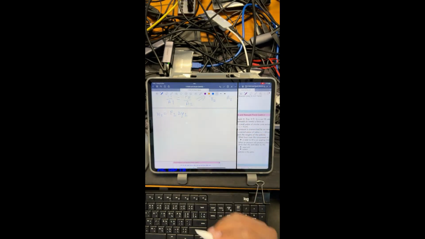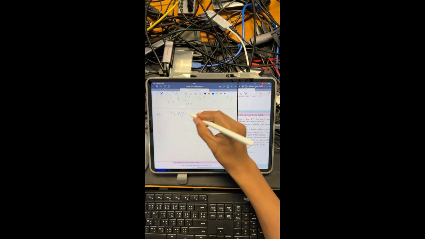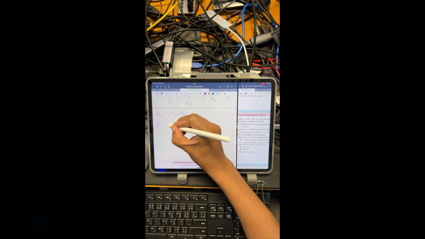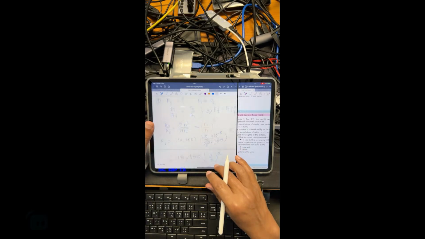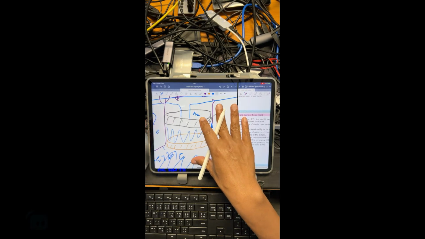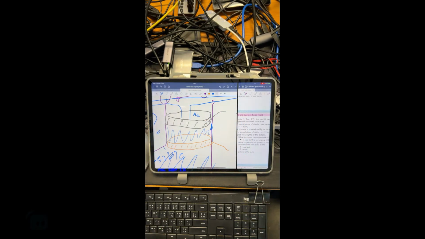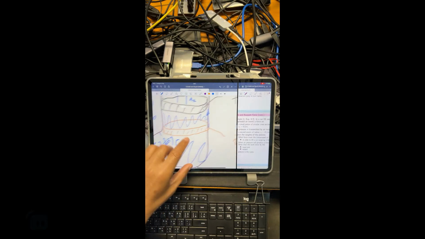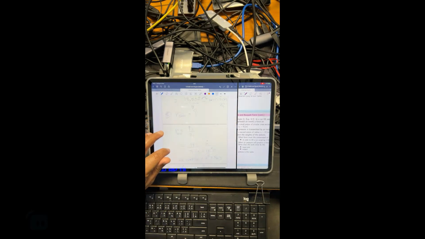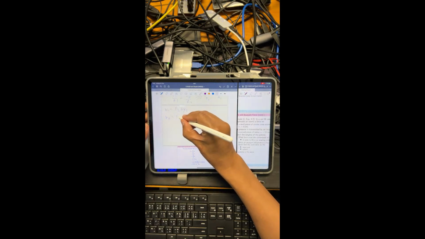Again, the same for W2: it will be equal to the product of force F2 raising up and the distance along the y-axis, which is delta Y2. So W2 is F2 times delta Y2.